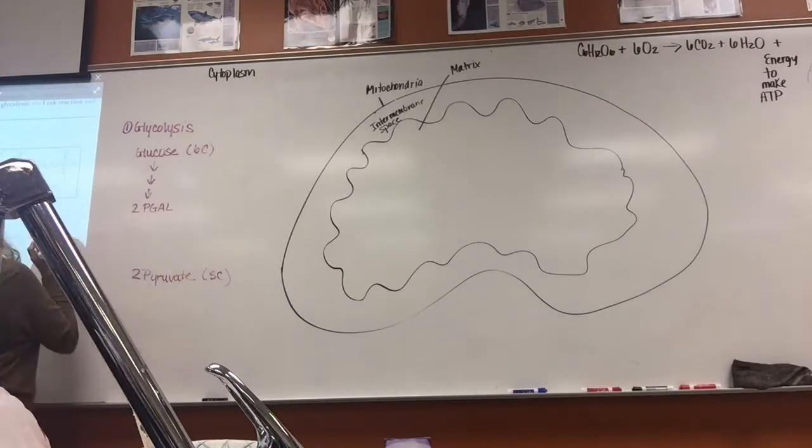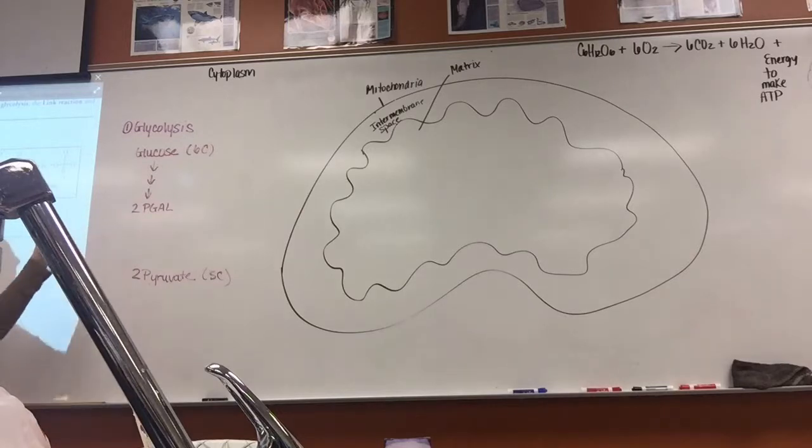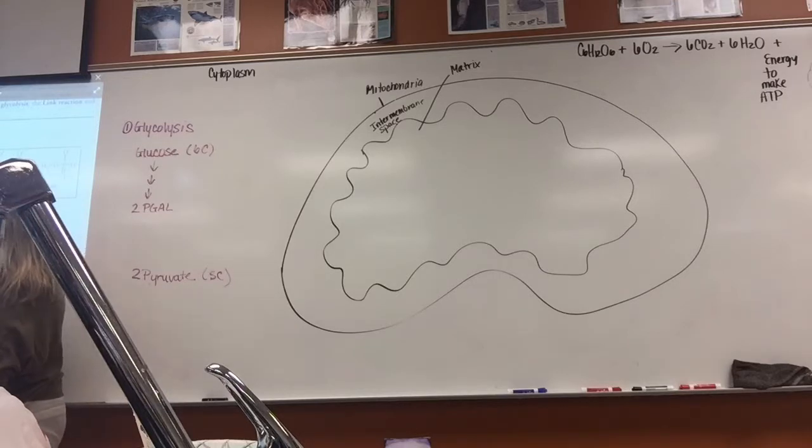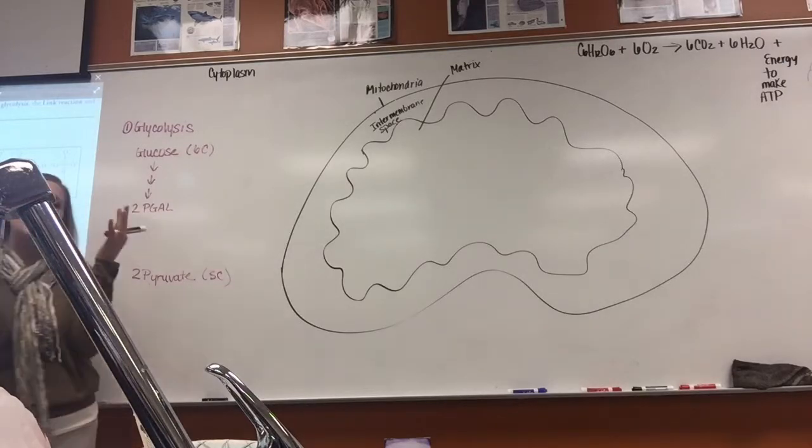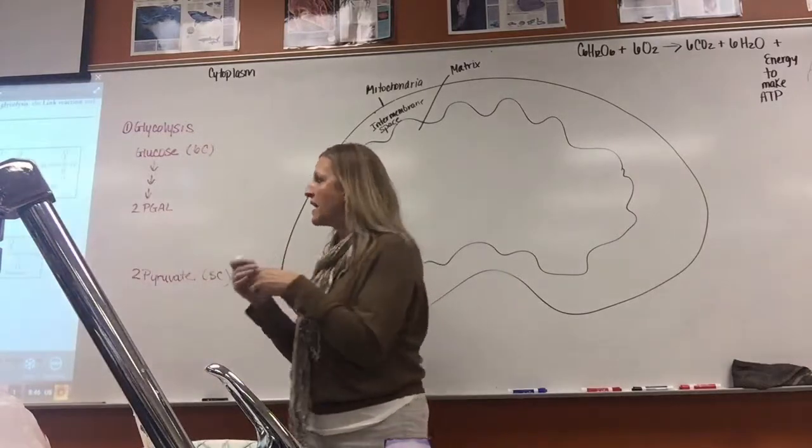So you have 2 of these P-GALs here, and as Sam said, this uses ATP. I had a lot of people ask this question: in the conversion of glucose to P-GAL, when you have an arrow going in like this and out on another arrow here, that means that during this reaction, 2 ATPs are converted to ADP. So what does that mean? ATP is a high energy molecule, has lots of energy in it, right?